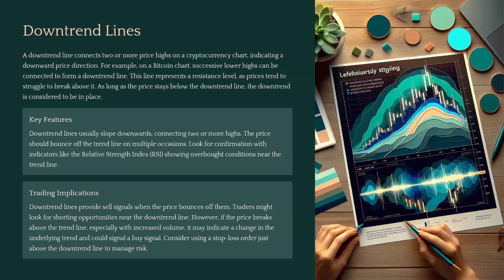However, if the price breaks above the trend line, especially with increased volume, it may indicate a change in the underlying trend. This could signal a buy signal as well. So consider using a stop loss just above the trend line to manage risk.